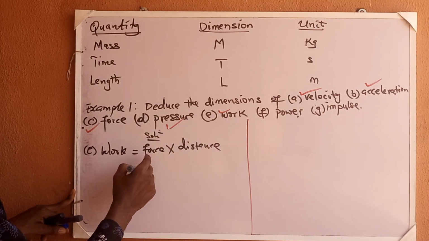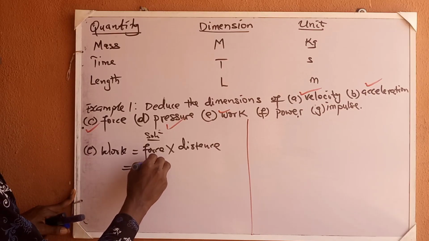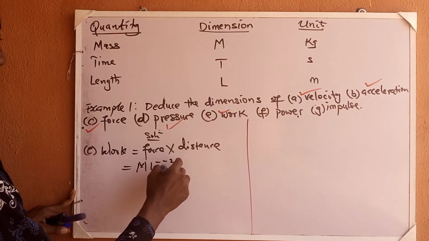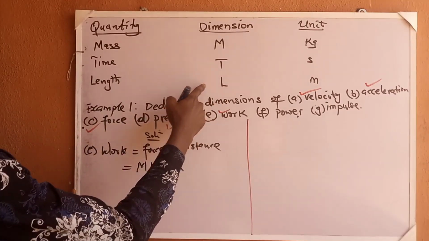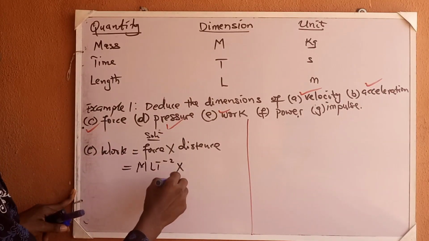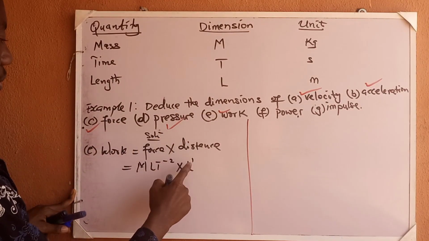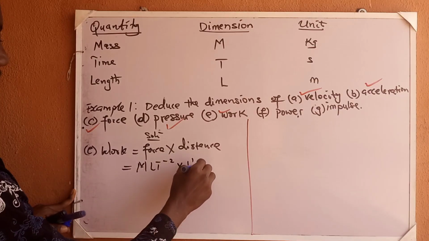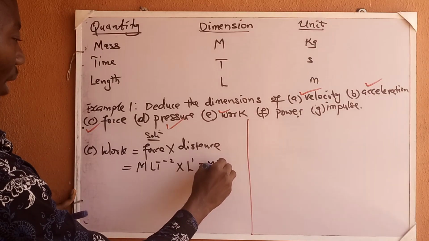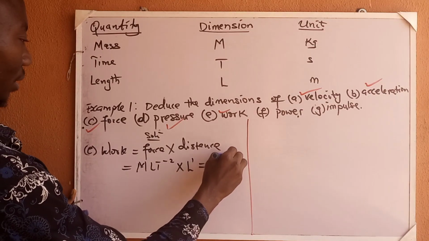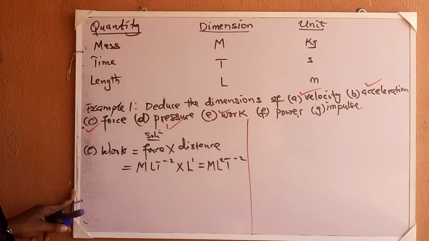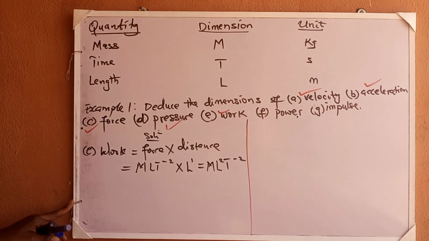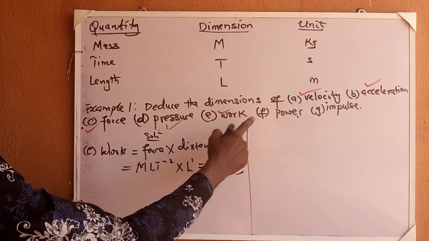Now recall that we've gotten the dimension of force as MLT minus 2. And it goes times the dimension of distance, which is still going to be L because distance is a measure of separation between 2 points. So that is L, that's power 1. We have L again here. So this will give us ML squared T minus 2. This L times this L gives us L squared, then T to power minus 2. So this is the dimension of work.